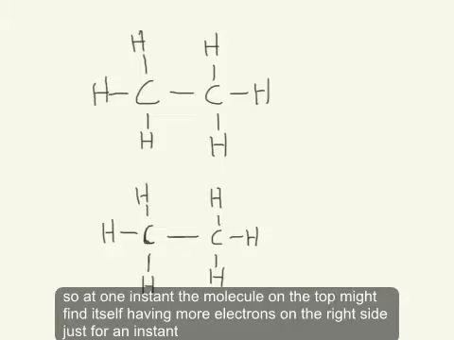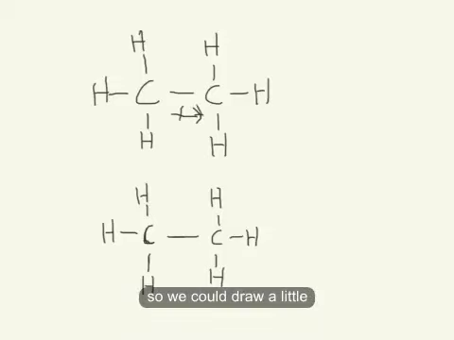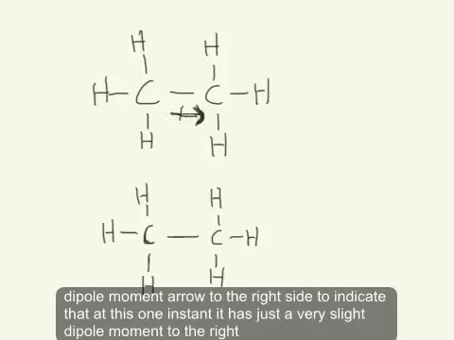So at one instant, our ethane molecule on the top might find itself having more electrons on the right side, just for an instant. So we could draw a little dipole moment arrow to the right side to indicate that at this one instant, it has just a very slight dipole moment to the right.